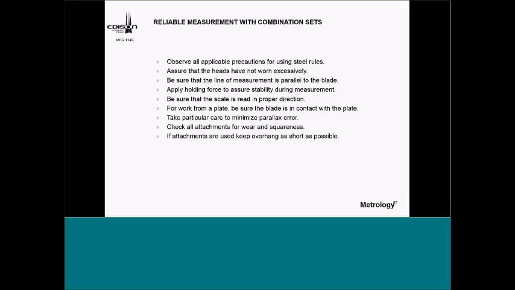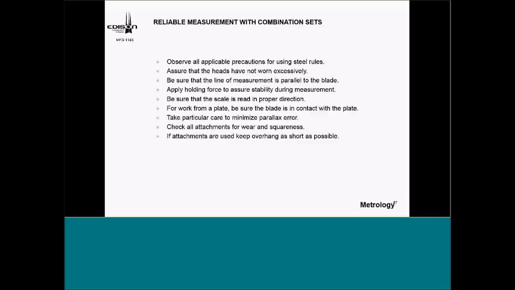All right, so when we look at reliable measurement, these are just to have reliability. Observe all precautions for using the steel rules. You don't spread peanut butter with it. Assure that the heads are not worn excessively. Be sure the line of measurement is parallel to the blade. Watch out for your force as far as the measurement. Be sure the scale is read in the proper direction, which I've already said.